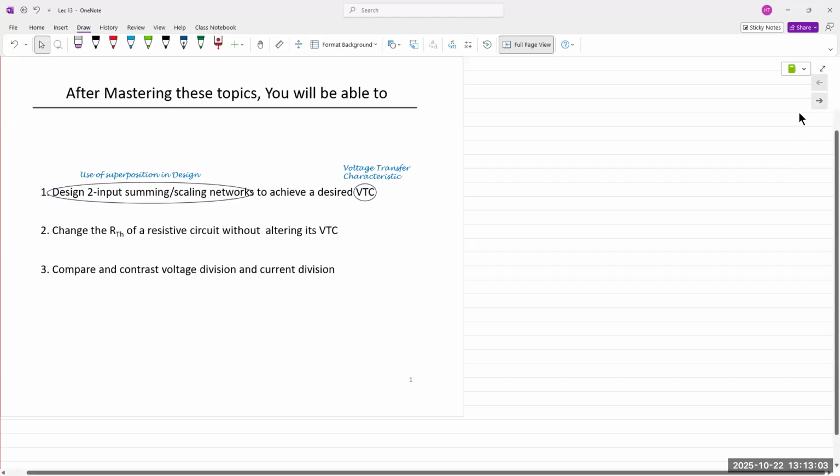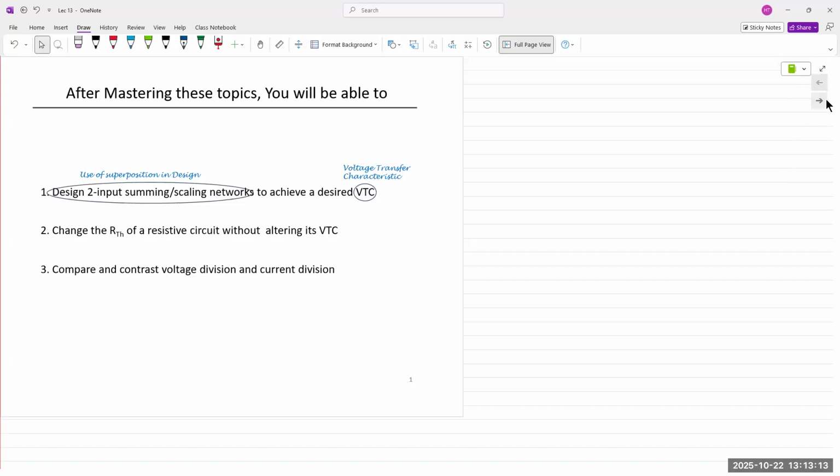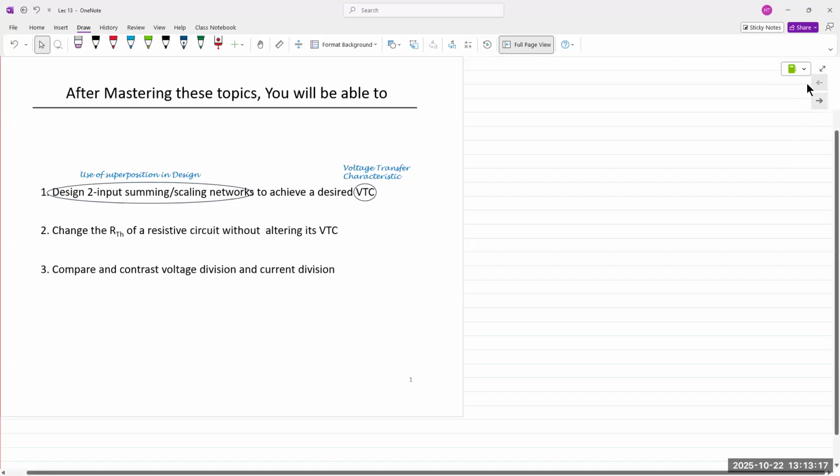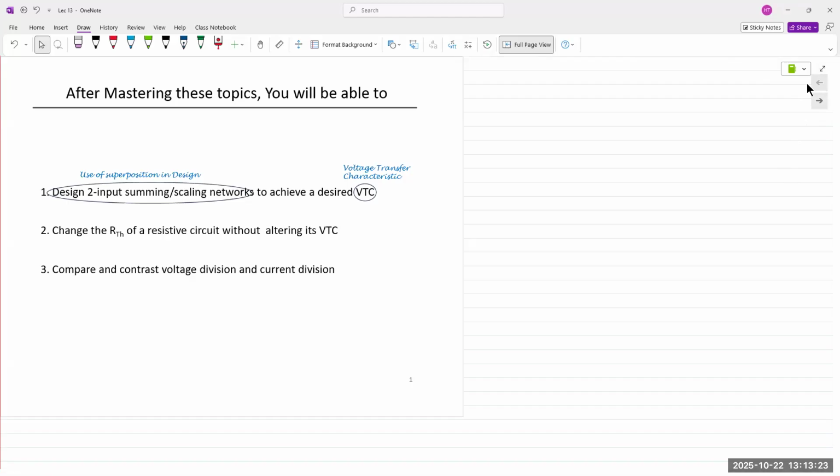Most of the material so far was based on your prereq physics classes, but now we'll get into applications which you perhaps may not have seen before. So case in point, today is how we will use a resistive circuit to create some other voltage or current quantities for an application.